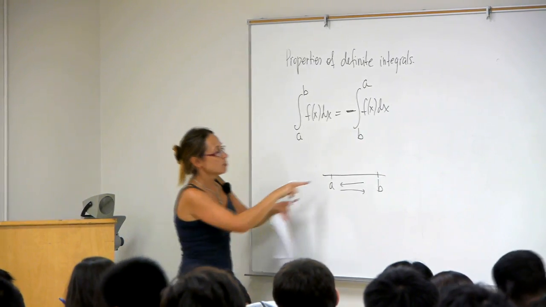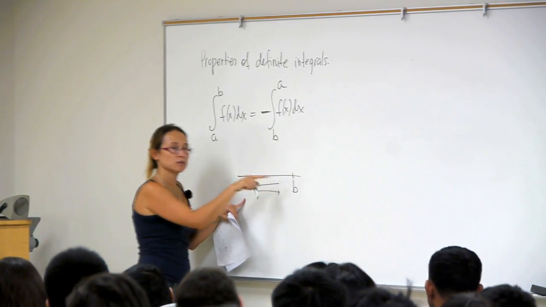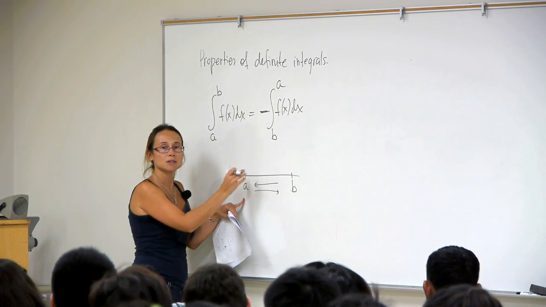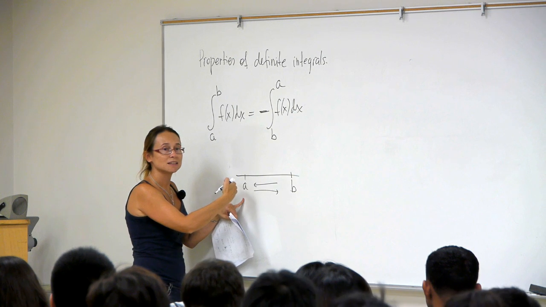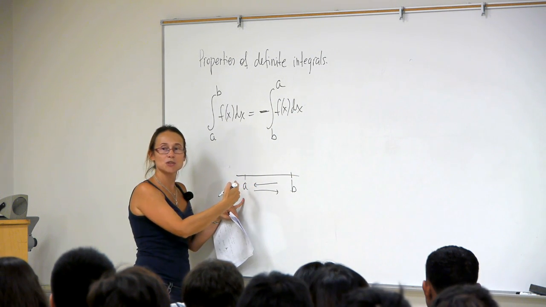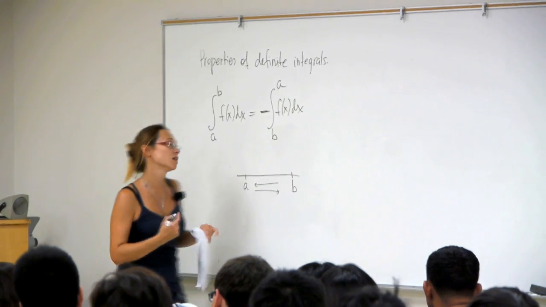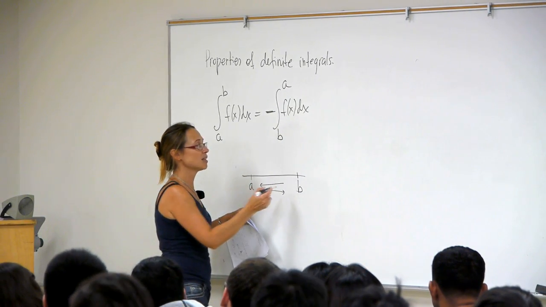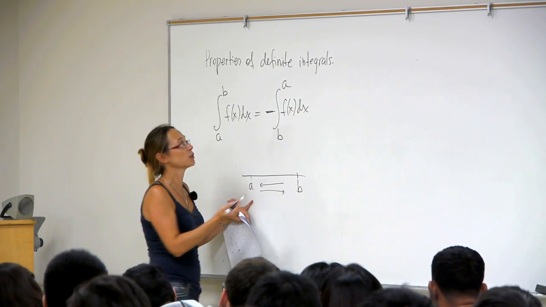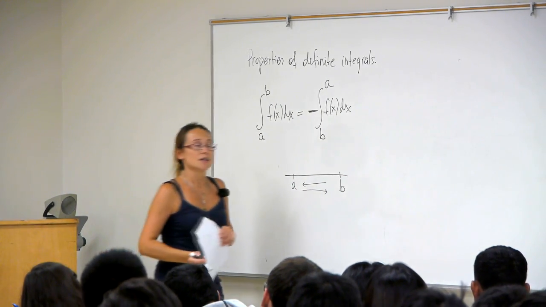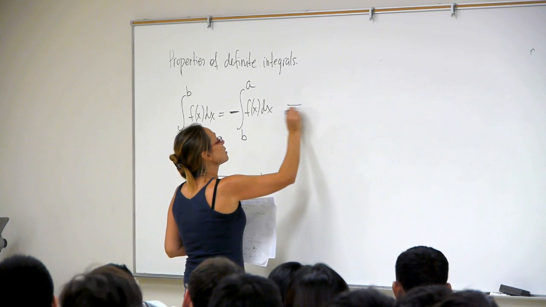Why is that? Because when we go in the positive direction, the increment, delta x, is a positive quantity. When we go back, the value decreases, so the increment is negative. Okay? So if you look at the Riemann sum, you end up multiplying by a negative value, delta x. So we have a minus sign here. Something that immediately follows from this is the following.